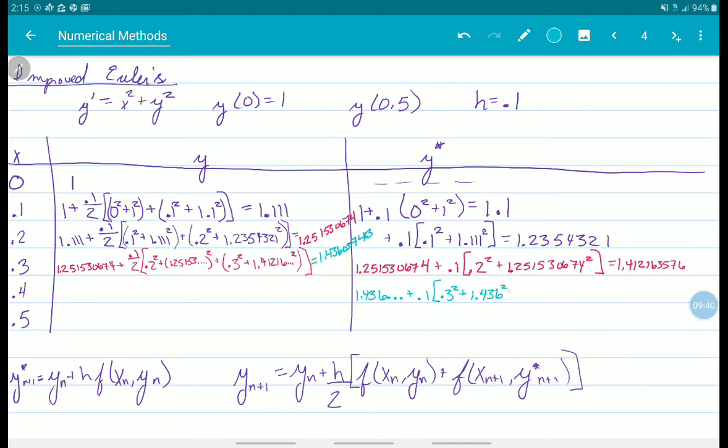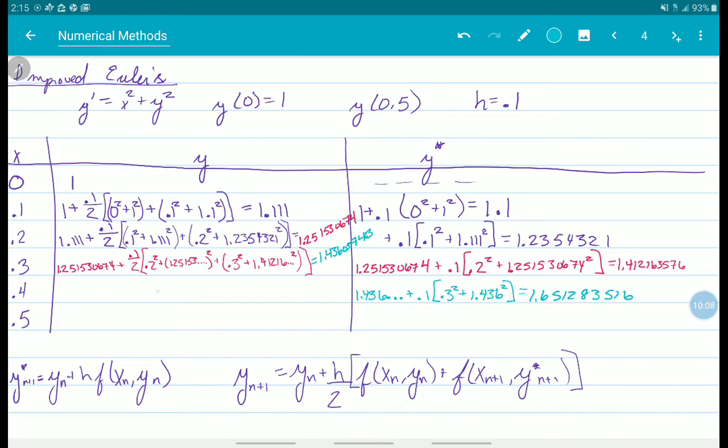Squaring those individually because we're subbing it into the differential equation. So we got that.